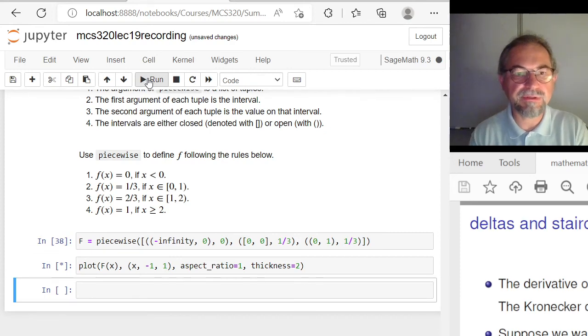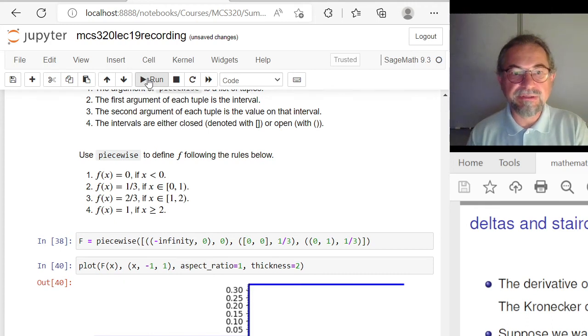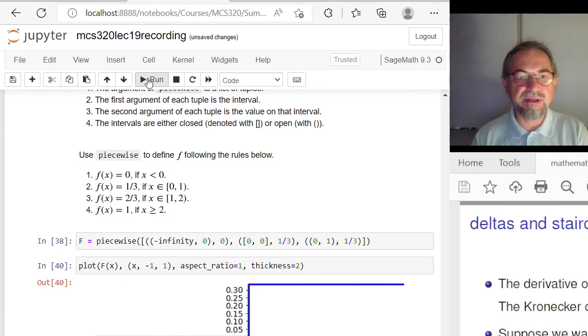So let me redo this. Then Sage doesn't complain. I should see a similar unit step function, and here you see that it stops at 1/3. So my definition here is correct. I have the first two rules.